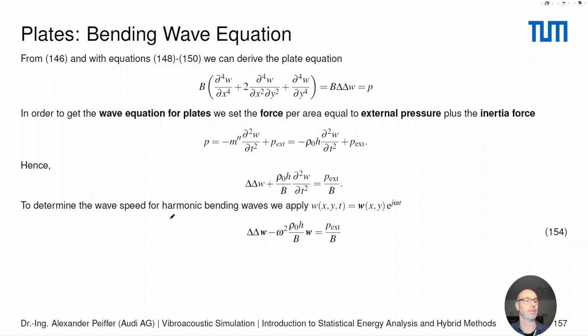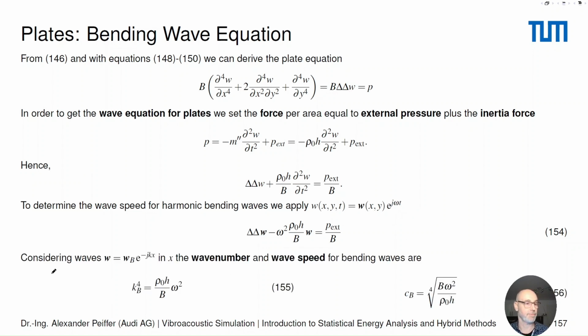In order to get an idea about the wave speed, we use the harmonic approach again. So we're using the exponential function to get a harmonic description out of this, and this would look like this, having somehow a similar shape. If we take the ansatz of the typical wave motion for harmonic waves, with a supposed wave number, you will get the following expressions for wave number and wave speed.